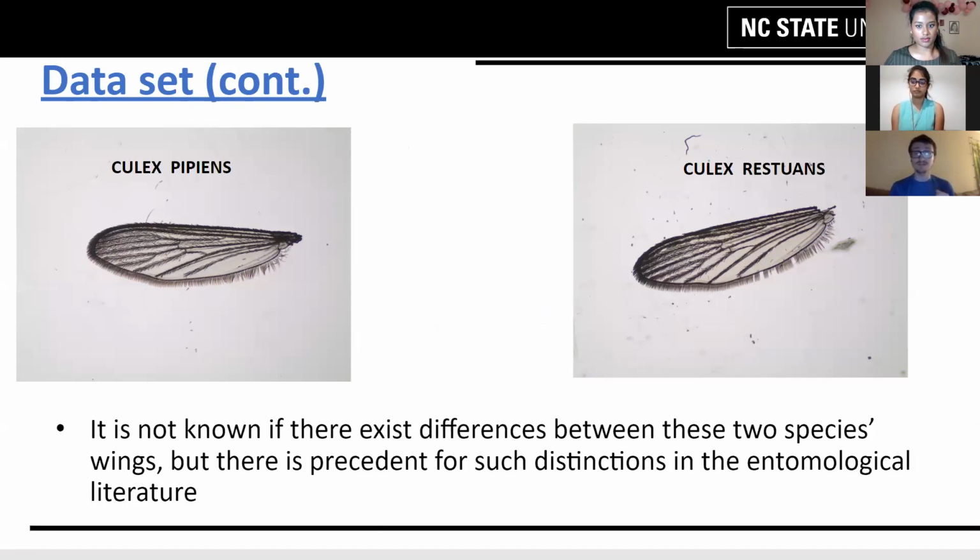In fact, they're so similar that we do not know if there exist physiological differences between their wings, but there's precedent for such differences between species in the entomological literature. So we're going to try to find them, because the data set was prepared for the specific purpose of using machine learning techniques to try to identify differences between the mosquito wings.